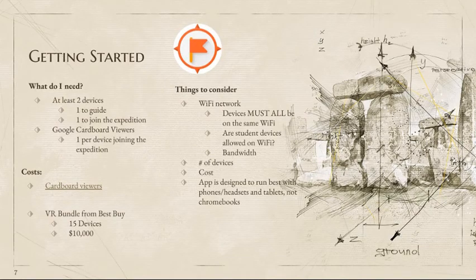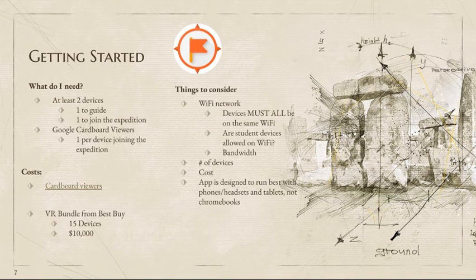So to get started, what exactly do you need? Well, you need at least 2 devices, one to guide and one to join the expedition. A good rule of thumb is to have at least 1 device per 2 to 3 students. You need a Google Cardboard viewer per device. It's not essential, but it does make the experience more immersive. Some things to consider.